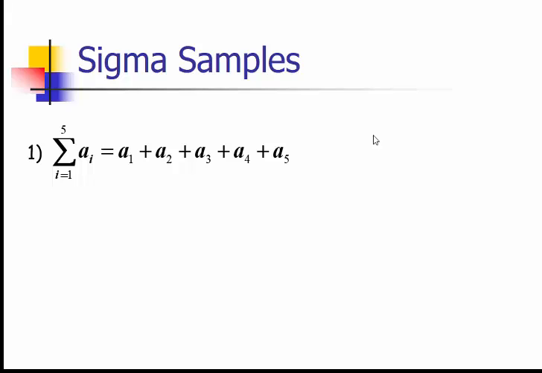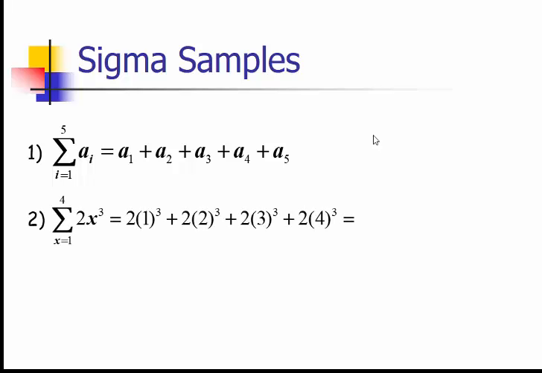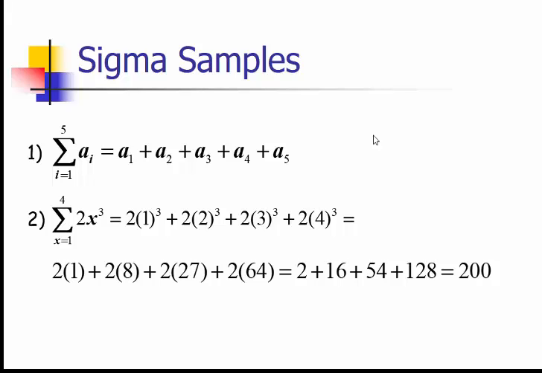Here are a few examples of how we use sigma notation. Here we're going from 1 to 5 of a sub i, so that would be a sub 1 plus a sub 2 plus a sub 3 plus a sub 4 plus a sub 5. In the second example, I'm adding 2x cubed where x takes on values from 1 to 4. So it's 2 times 1 cubed plus 2 times 2 cubed plus 2 times 3 cubed plus 2 times 4 cubed, and they calculate that here.